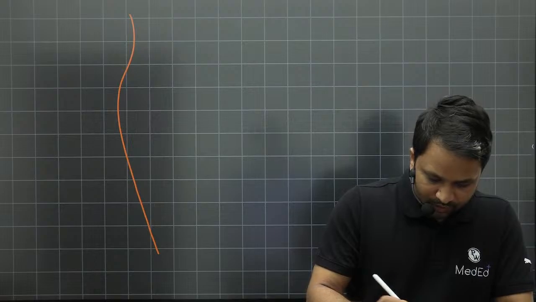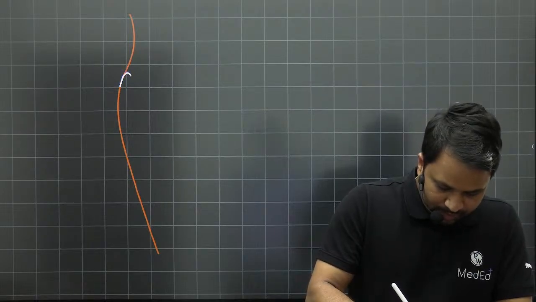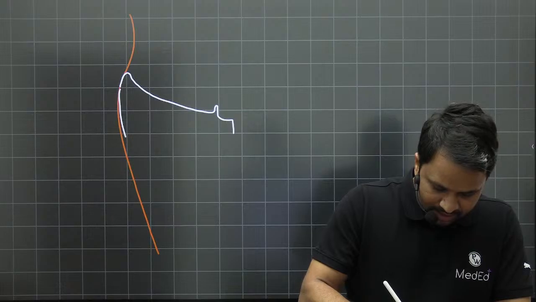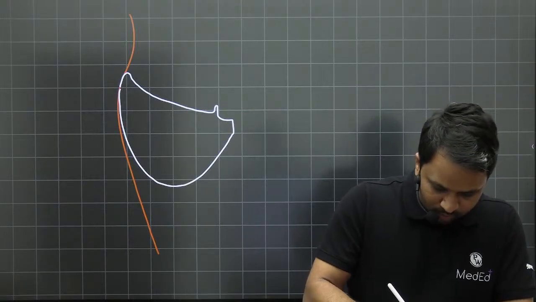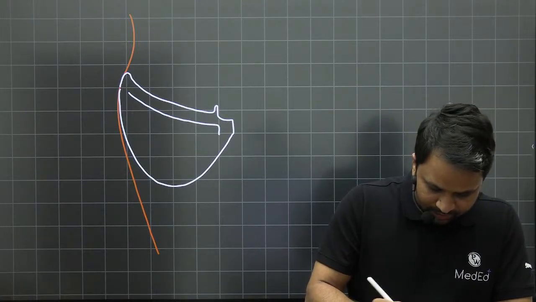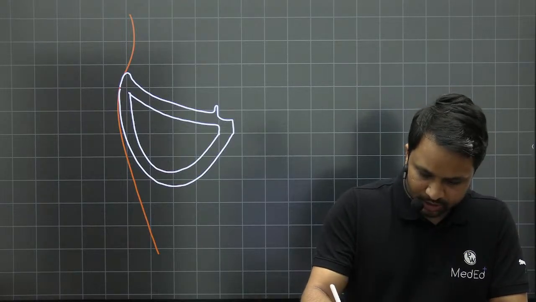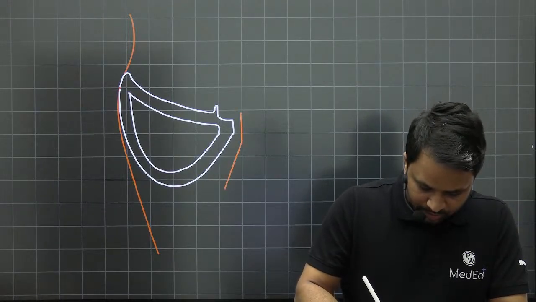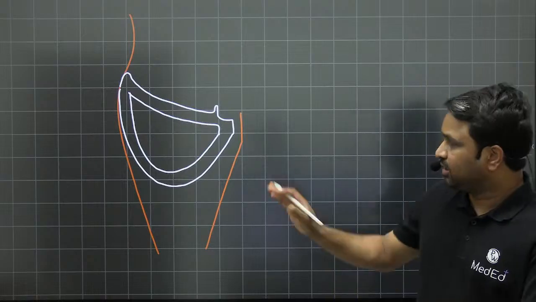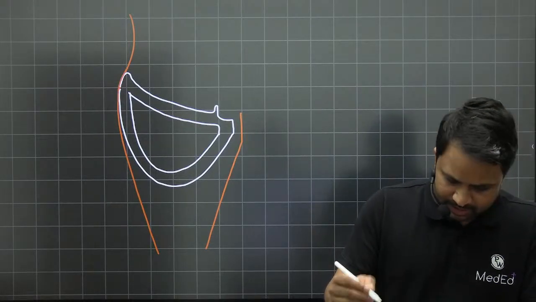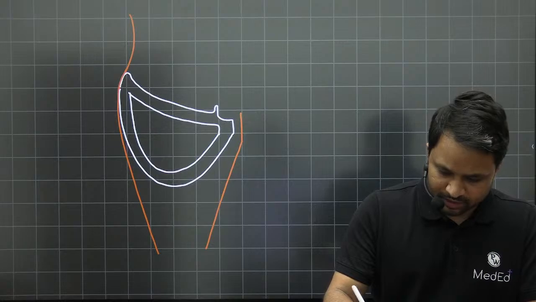Now, for the sake of understanding, this is your anterior superior iliac spine, this is the pubic tubercle, this is the pubic symphysis, and this happens to be the pubic bone, right? So nothing has changed, everything remains the same, but I want to give you the human body now, right? Now, this is the groin area that you have. Everything is still the same. Nothing I have changed. I promise I will not alter even a single bit.